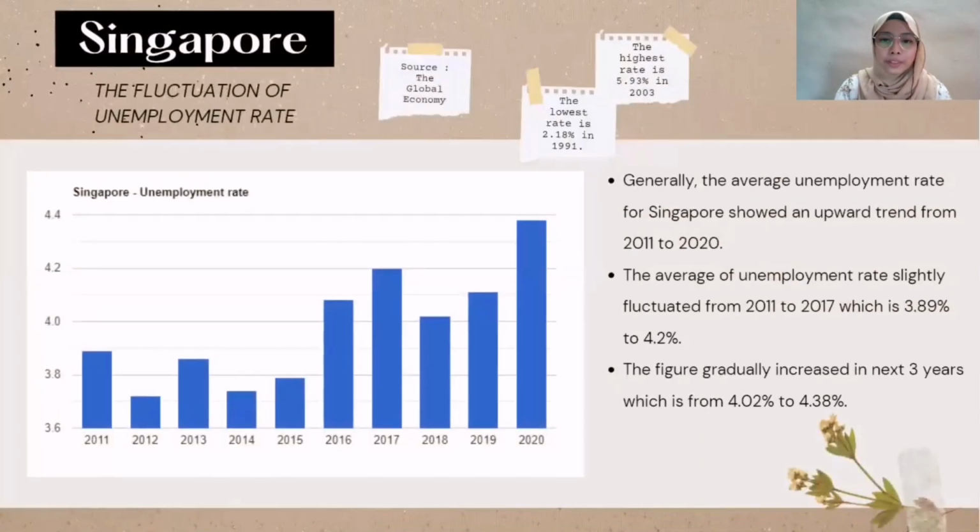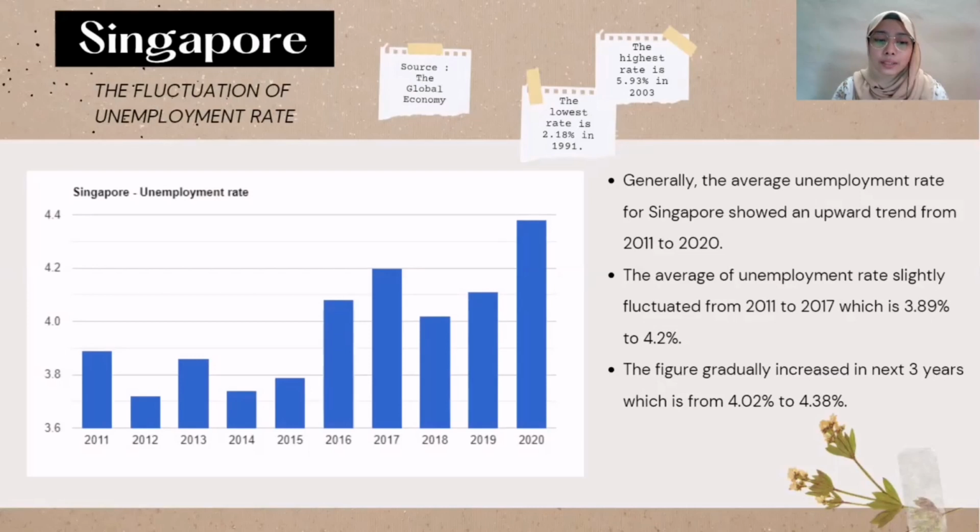For Singapore, generally, the average unemployment rate showed an upward trend from 2011 to 2020. The average unemployment rate slightly fluctuated from 2011 to 2017, between 3.89% and 4.2%.